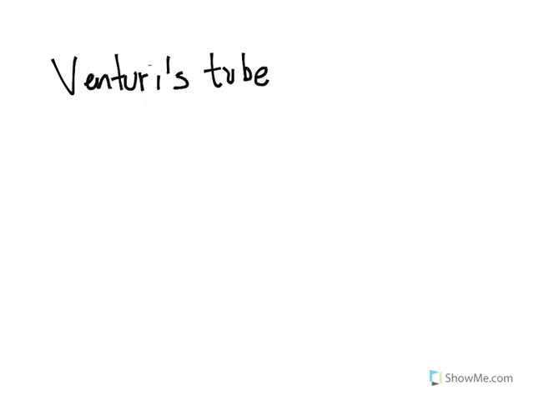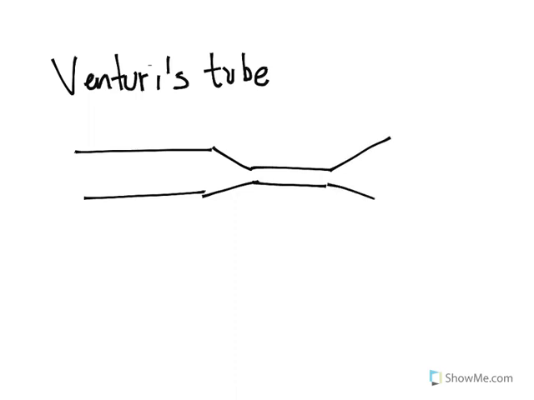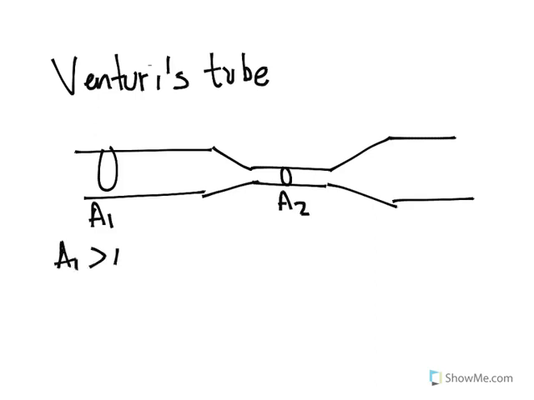There is any given pipe, for instance, and in the pipe you have a constriction. Then the pipe can go again to the same area. So the transverse area 1 is higher than the transverse area 2.